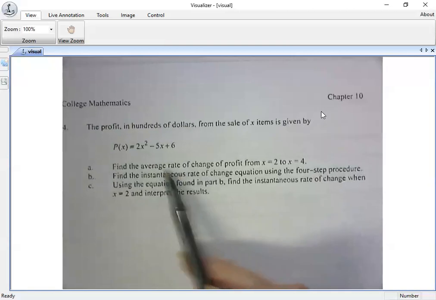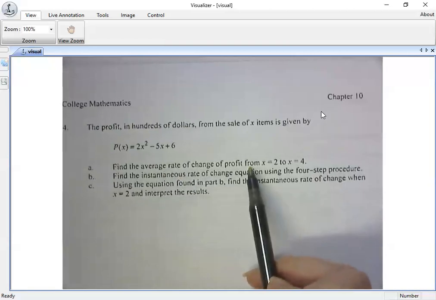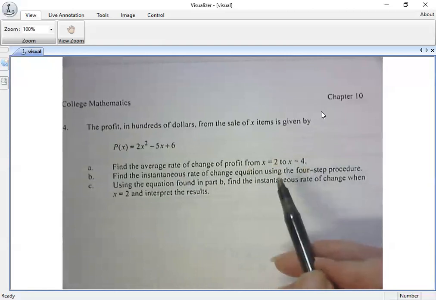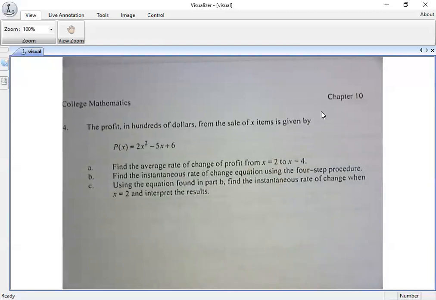Now, you want to get the average rate of change of profit from selling 2 items to 4 items. And that might be important when you want to know, am I actually earning more profit as I'm selling more? Or am I not? If that's the case, then you've got to figure out what I need to change. Because obviously I don't want to do more work and sell more items and not earn more profit. You know what I'm saying?